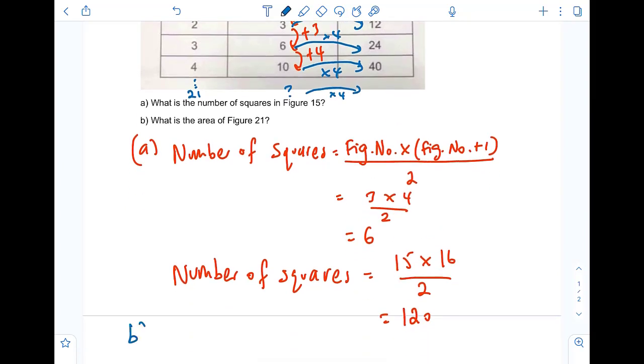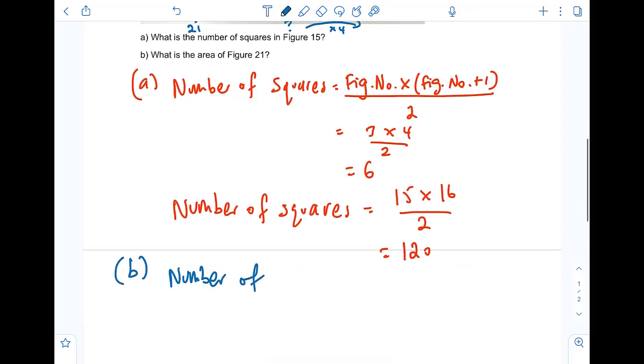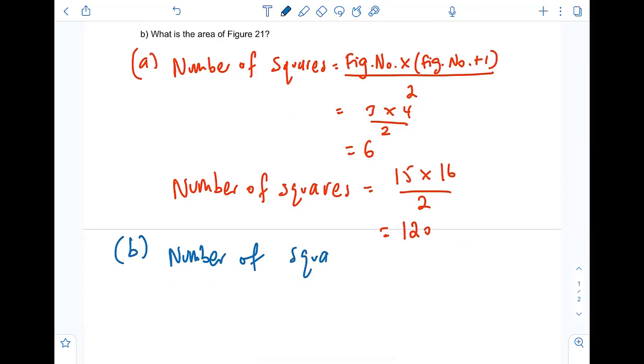Alright, so part B, the number of squares will be equal to 21 times 22 over 2. So again, figure number times figure number plus 1 divided by 2.